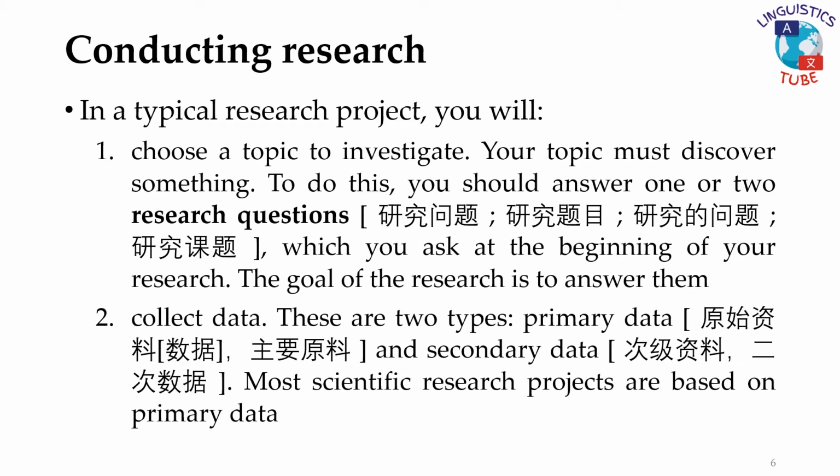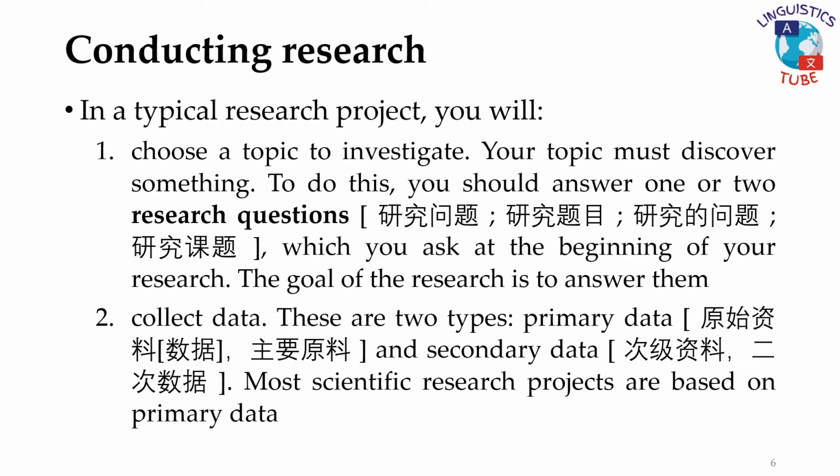Before we learn about questionnaires in detail, let's briefly discuss the start of the process of creating a research project. Firstly, you need to choose a topic to investigate. The most basic goal of a scientific research project is to discover something. In order to do this, your project must answer one or two questions in order to provide knowledge about something that was previously unknown, or at least not well known.